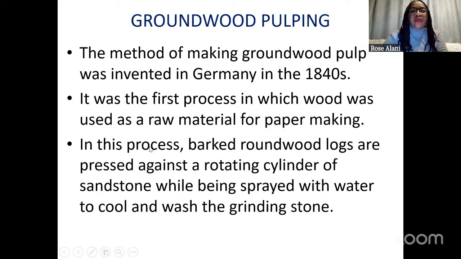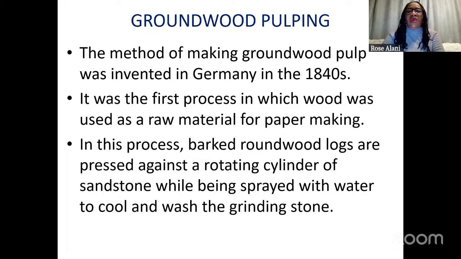And then the method of making ground wood pulp was invented in Germany in the 1840s. It was the first process in which wood was used as raw material for paper making. Remember I said initially cotton rags were used.